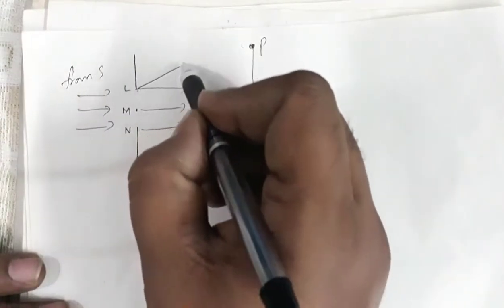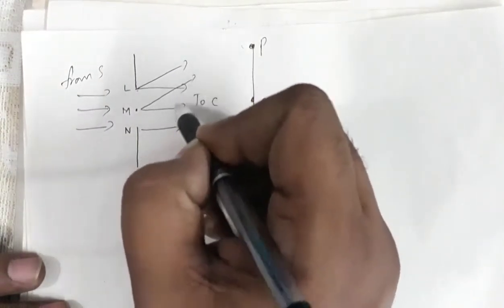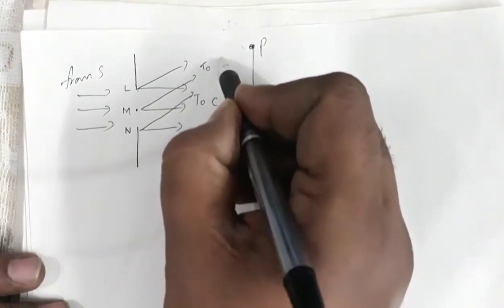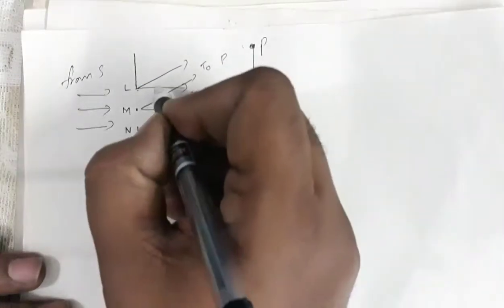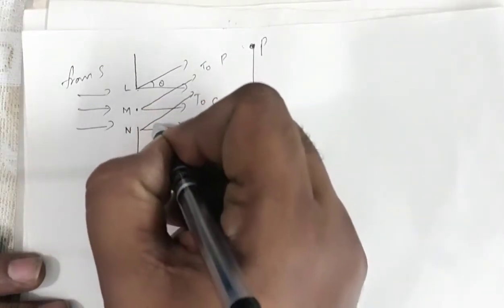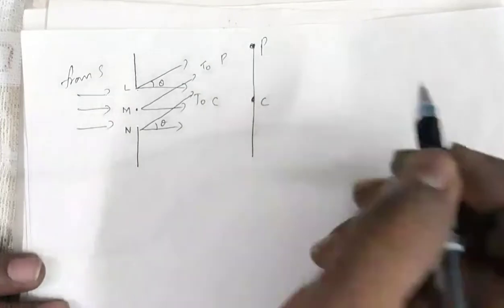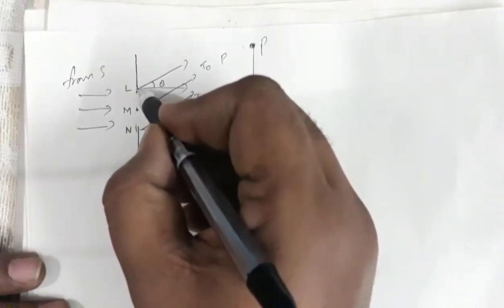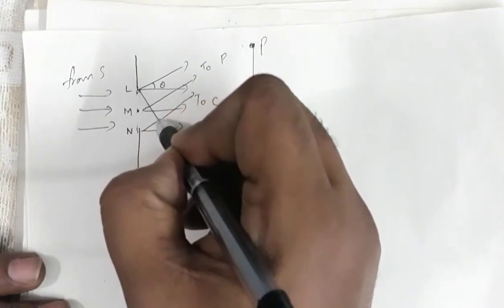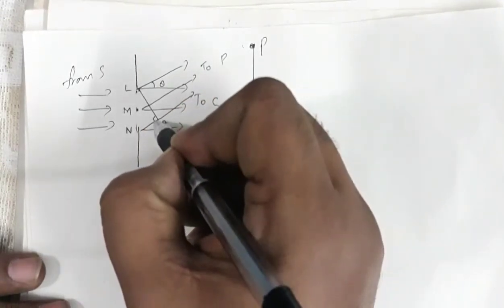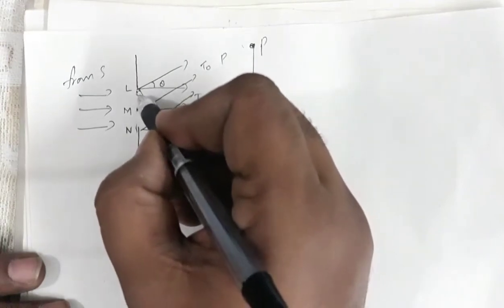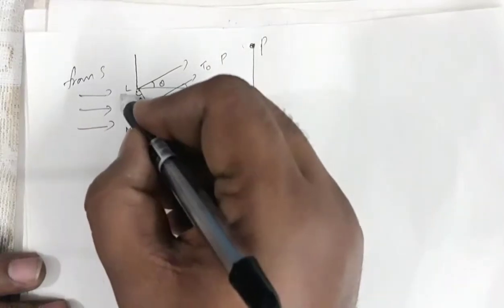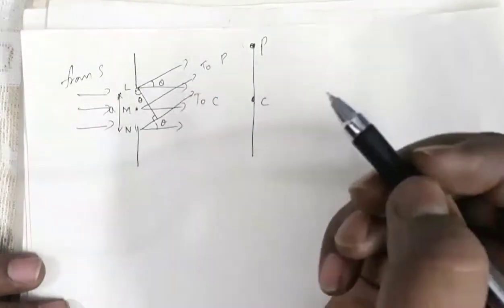Then, diffraction is bending of light. So light rays also bend and travel towards point P on the screen. Suppose this angle is theta. So theta is the extent of bending. Now if I drop one normal, this angle is theta, this angle is also theta, and the width of the slit is a.